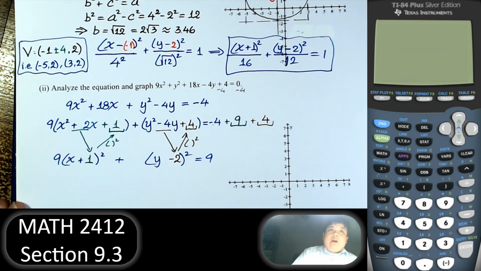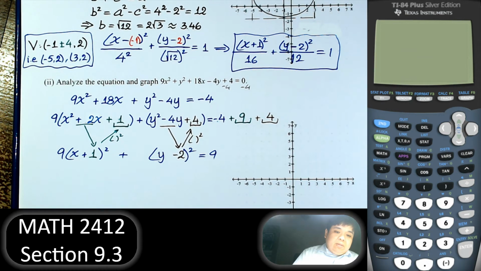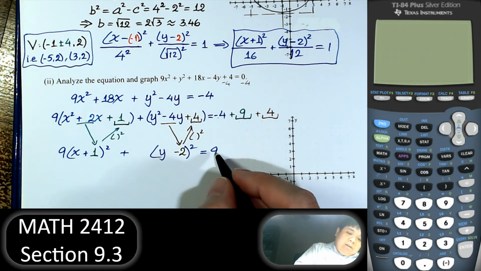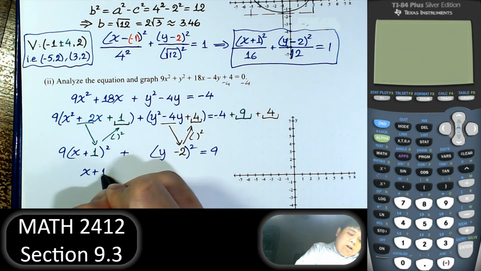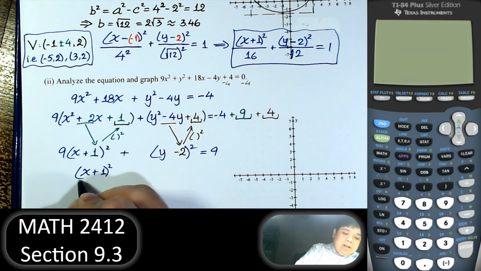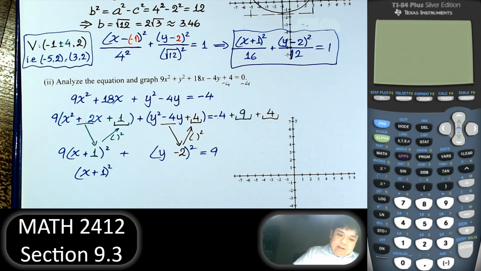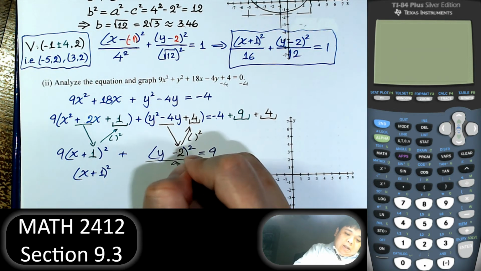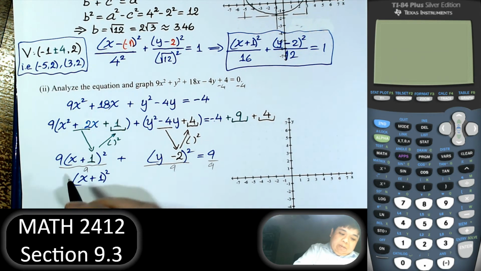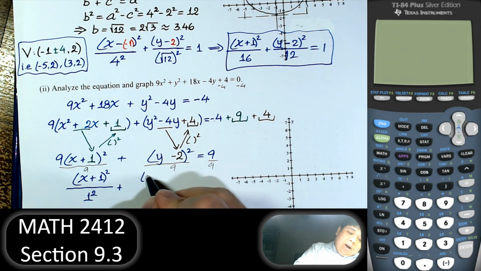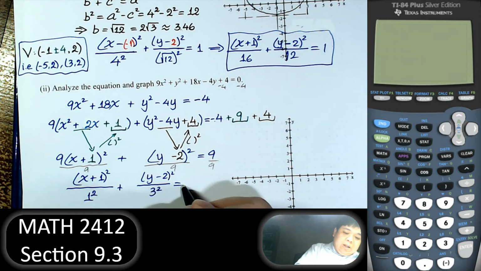So that is the equation. So divide by 9 on both sides, because we need the right hand side to be 1. So we have x plus 1 square over 1 square, y minus 2 square over 3 square equal to 1.